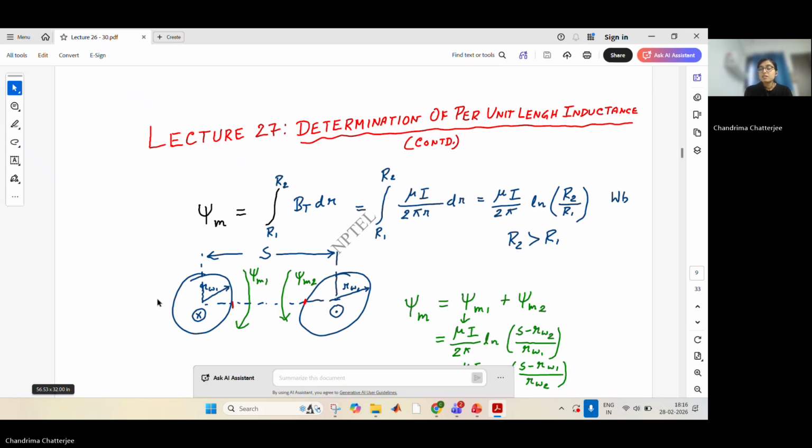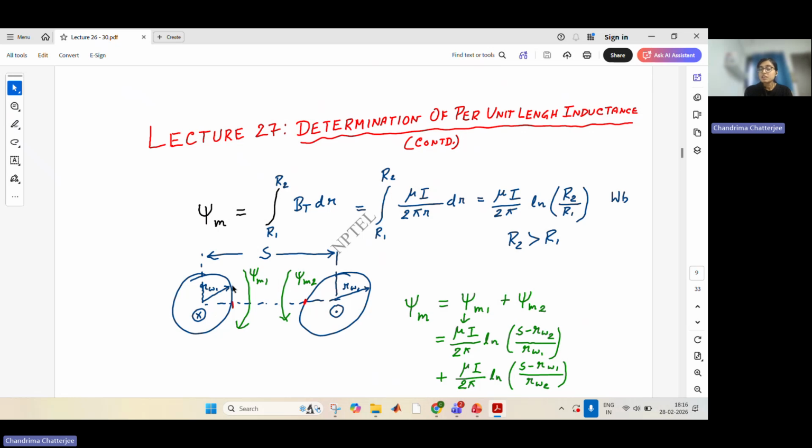expression. Now if we are considering two conductors, we will separately take the flux of both of them and then we will be adding them. Why? Because in this portion they are additive, their direction is the same. That's what is done here. This is psi m1 plus psi m2.